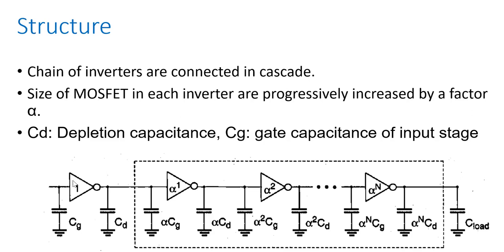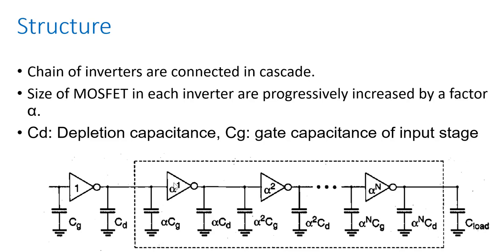The load capacitance for a logic gate will be its own output capacitor plus the input capacitor of the next stage. If we use the unit size, instead of alpha it is 1, so it will be only CG, because alpha equals 1. So the load capacitance of this stage will be CD plus CG. We can conclude that when the size is 1, the load capacitance is CD plus CG.